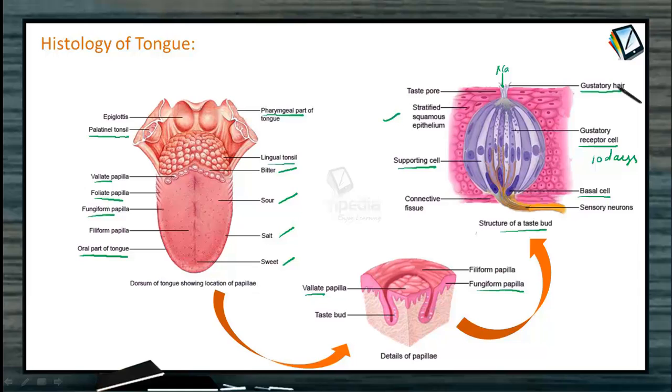Gustatory hair is a projection of microvilli of gustatory cells. They stimulate the gustatory cells and activate gustatory receptors. They produce a neurotransmitter and then activate the primary first order sensory neurons. Then the nerve impulse goes to the brain and is finally converted into taste perception.